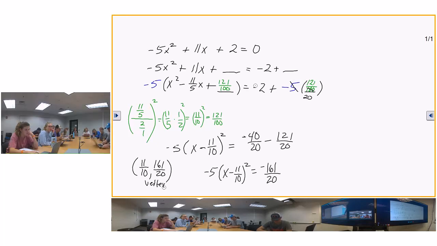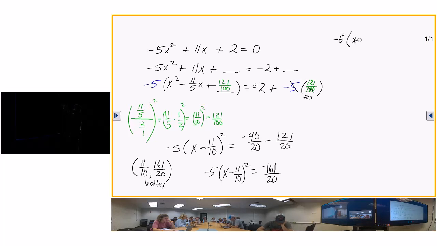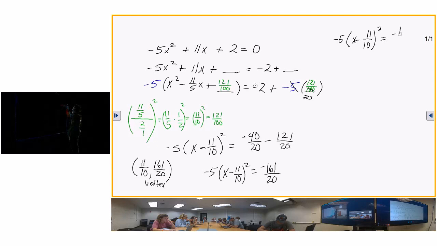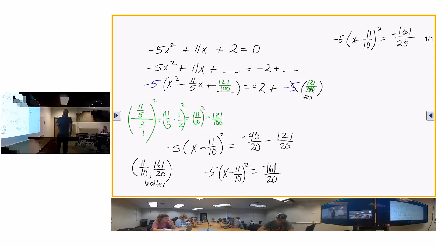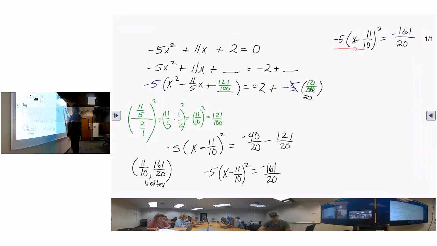Now we'll go over here and solve. So negative 5 times (x - 11/10) squared is equal to negative 161 over 20. How do we get rid of multiplying by negative 5? Divide by negative 5, Hubert. That's right, class. So divide by negative 5.